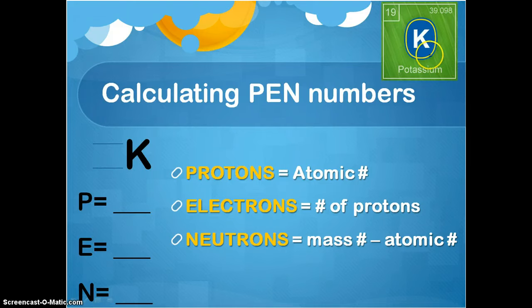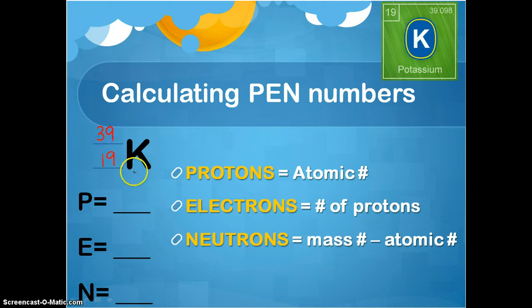Looks like a little banana peel because potassium is found in bananas. And we have our symbol is K, which we already have written here. Now I've got two blanks, a bottom one and a top one. So remember the bottom one, I'm always looking for that atomic number, the whole number. So I can see that it is 19, so that is going to be written at the bottom. And I'm going to round off that mass number, so 39.0 is going to stay at 39.